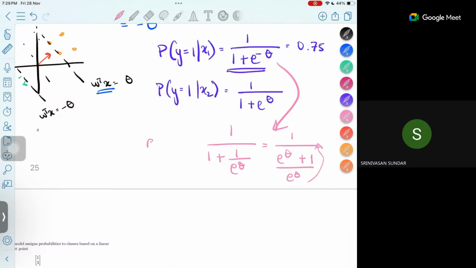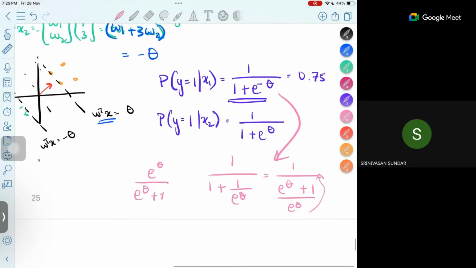That is nothing but e power theta divided by e power theta plus 1, and the other is 1 divided by e power theta plus 1. So these two have to add up to 1, which means that this is equal to 0.25.